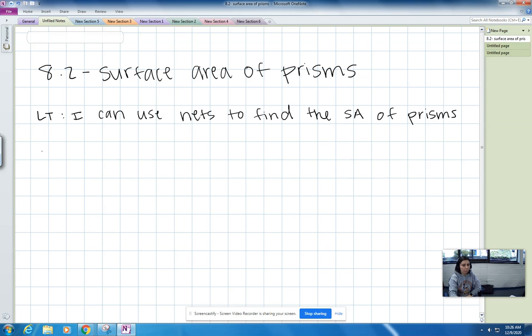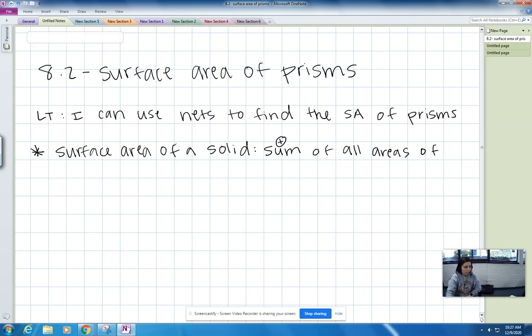So we have two vocab terms to start us off today. The first one is surface area of a solid. If we're expected to find surface area, we need to know what it is. Surface area of a solid is the sum, remember sum means addition, the sum of all areas of all of the faces.